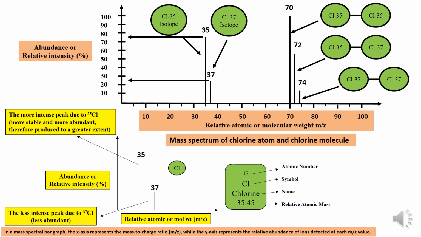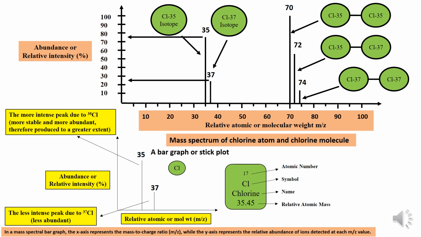And this is because of the contribution of two different isotopes of chlorine, that is 35 and 37. And when you consider their average atomic mass, you end up with a decimal value and not a whole number.